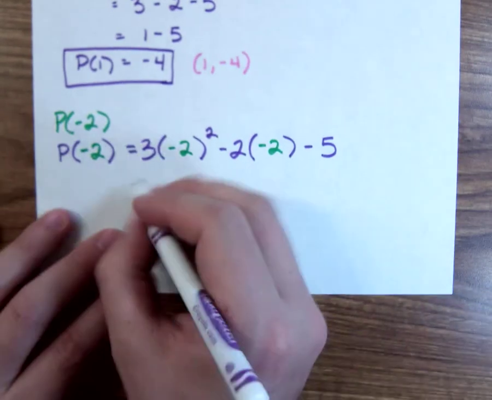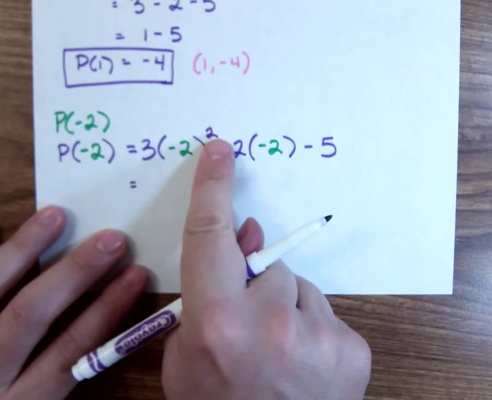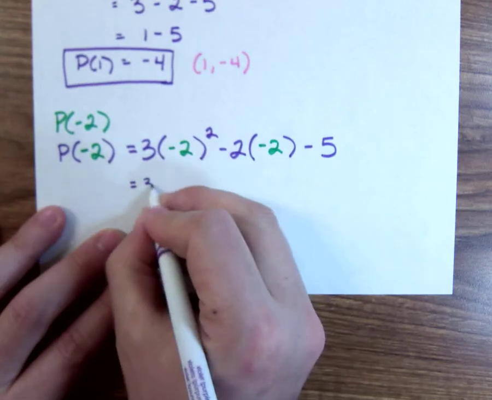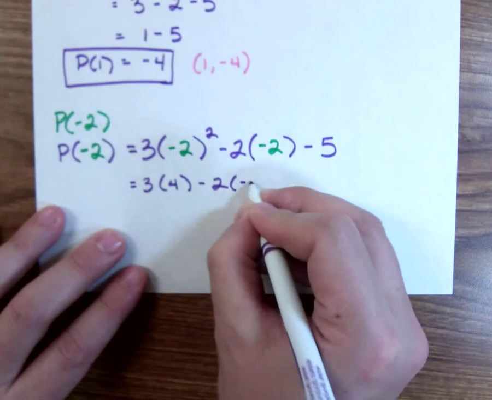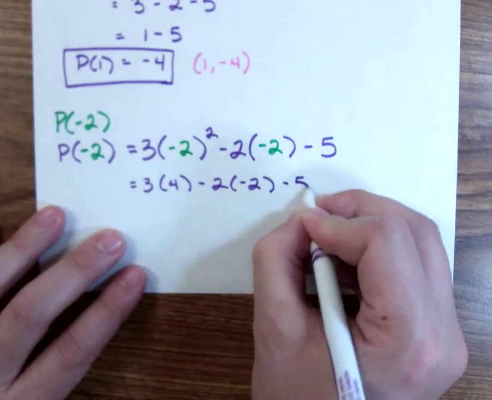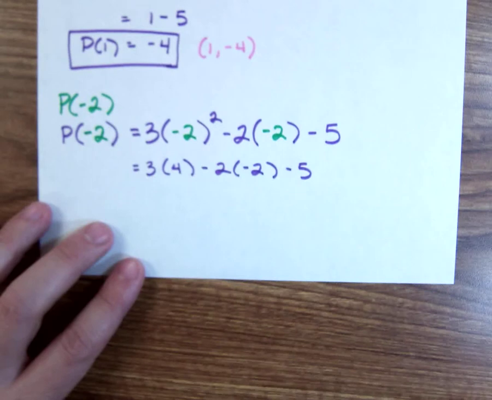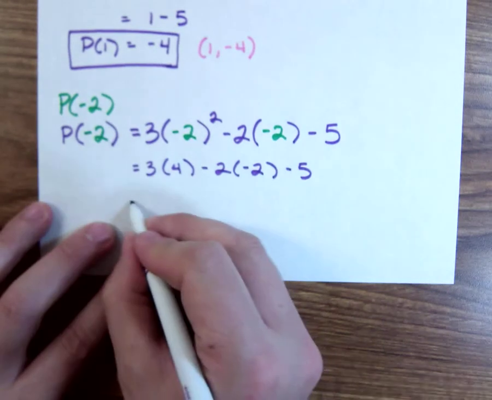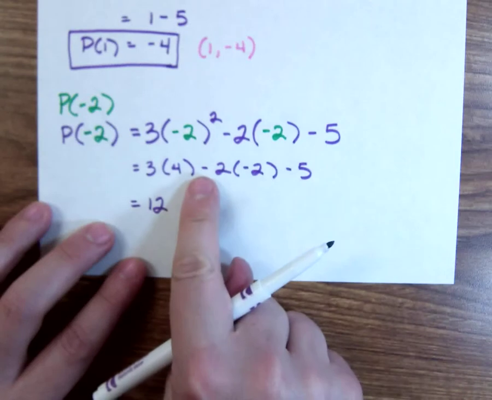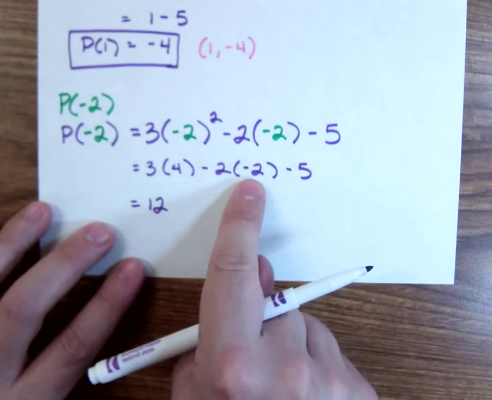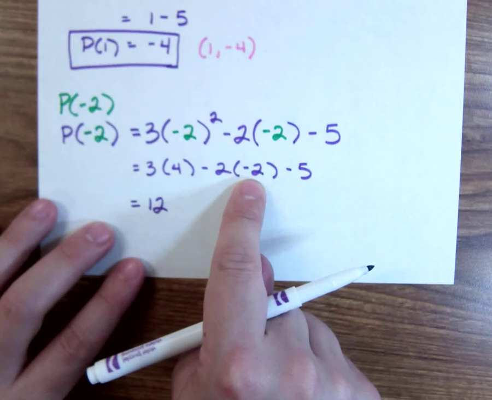All right, so let's do it. Negative 2 squared is 4. So exponents first. Then we multiply. 3 times 4 gives us 12. Now be careful here. It's minus 2 times negative 2. So that would mean it turns positive.